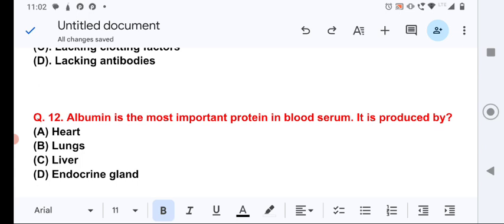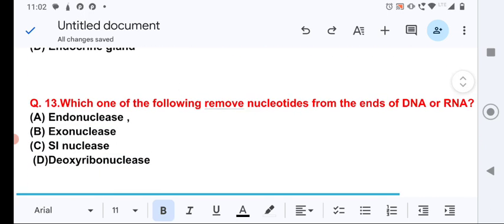Also, it produces albumin, a most important protein in the blood serum. So, the option number C, liver, is the correct answer for the question number 12 here.